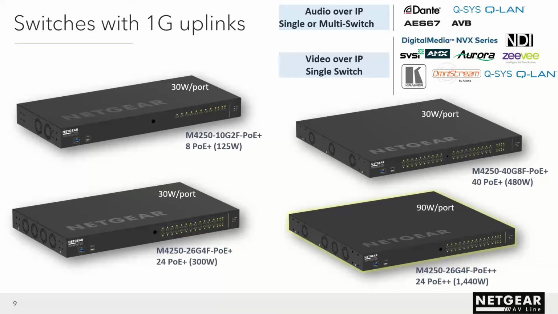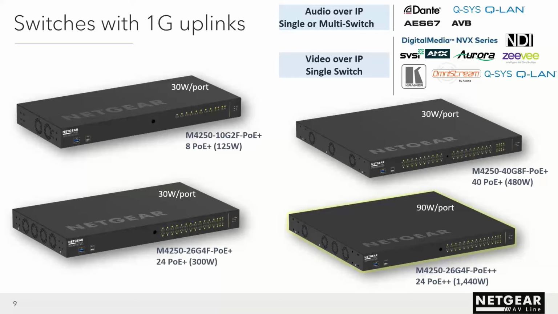On the bottom right, there is an extra switch because this one is highlighted in yellow. It goes up to 90 watts per port. It's called Ultra PoE, 802.3bt. And this guy is a 24-port PoE++, and that can be also great for video over IP as long as you stay with a single switch, right?